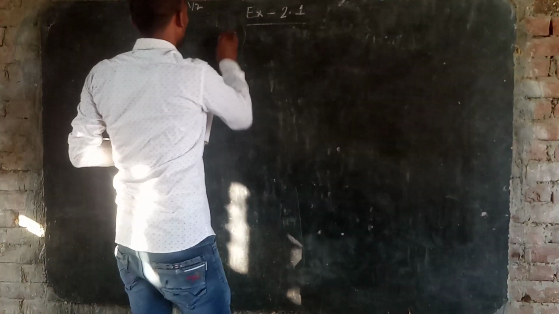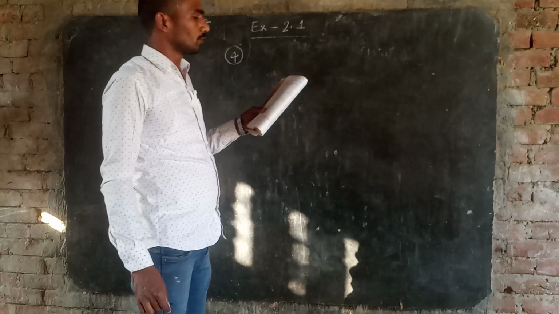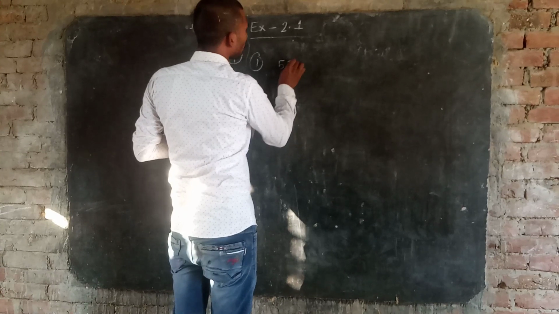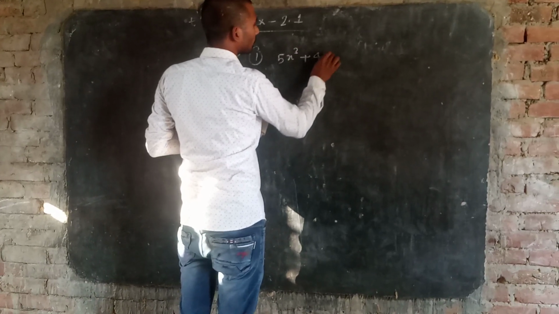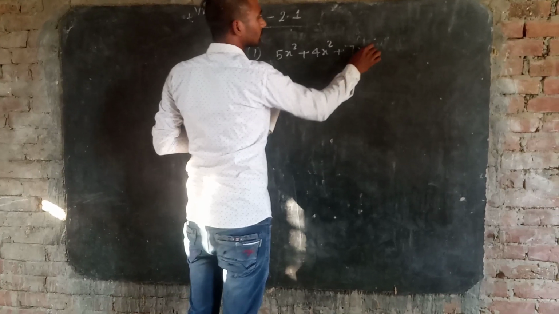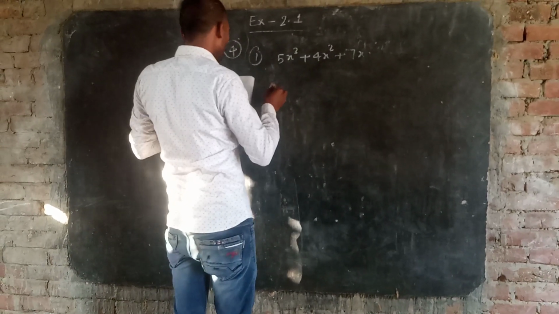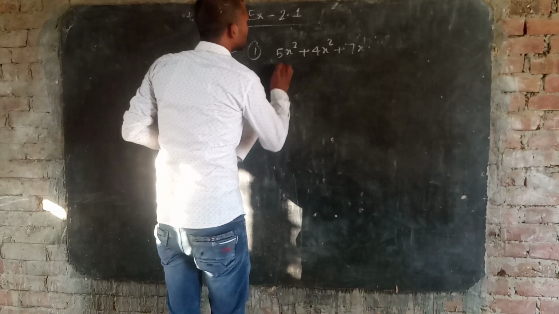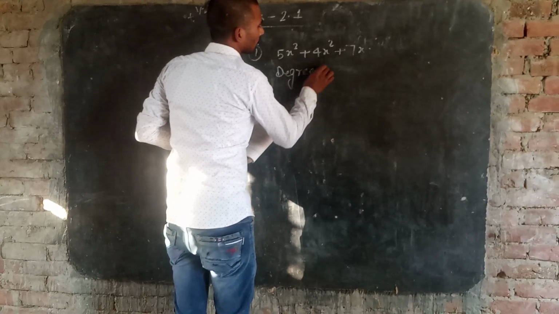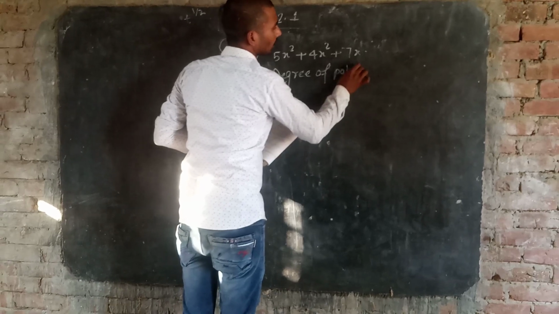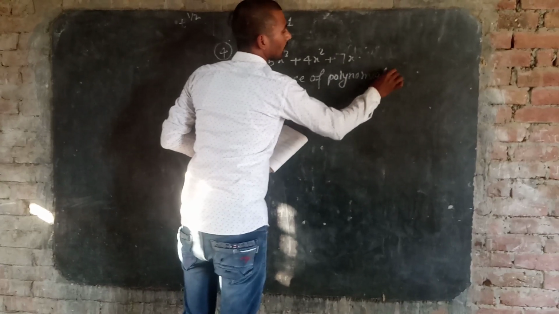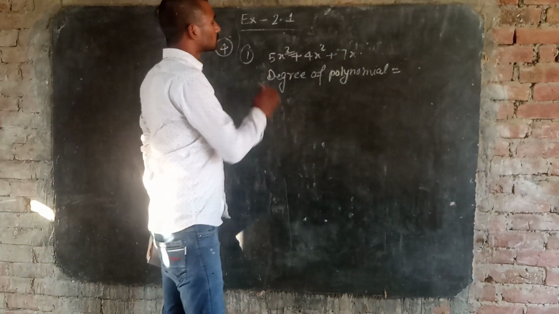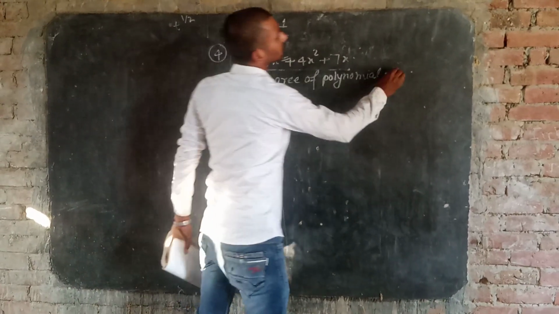Question number 4, write the degree of each of the following polynomials. First, 5x cube plus 4x square plus 7x. In this polynomial we have to tell the degree. Here the highest power is 3, so the degree of this polynomial is 3.